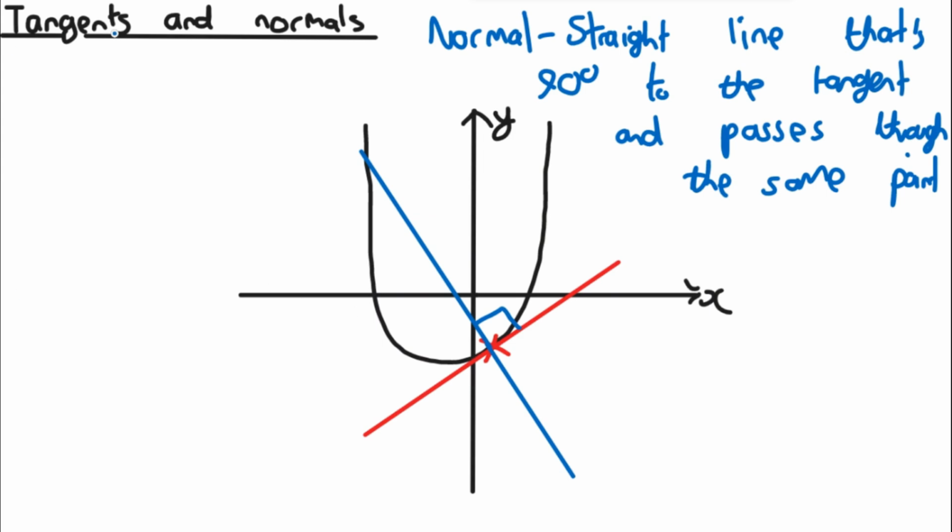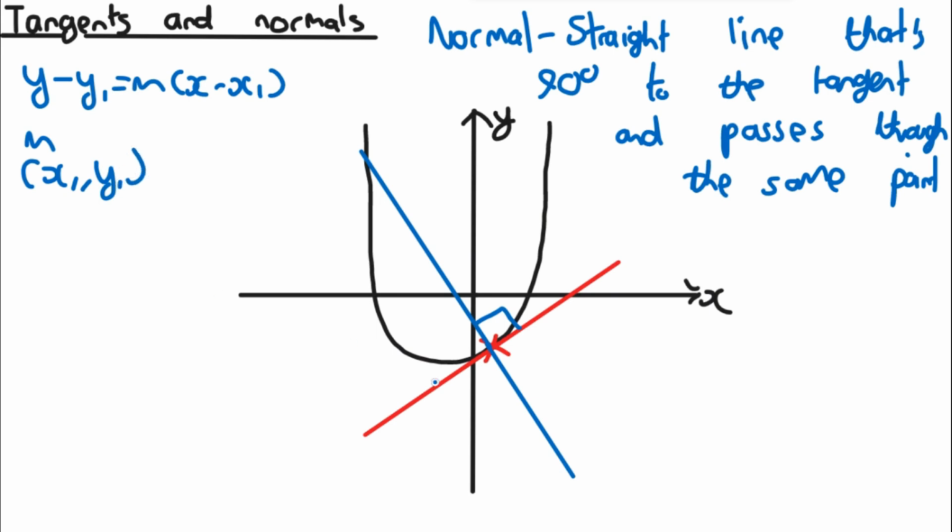So remember that the equation of a straight line is y minus y1 is equal to m times x minus x1. So we need a gradient and then a coordinate in order to find the equation of the line. Well, we know the coordinate because it's the same point that we use for the tangent. And m is going to be the negative reciprocal of the gradient of the tangent because they're 90 degrees to each other.